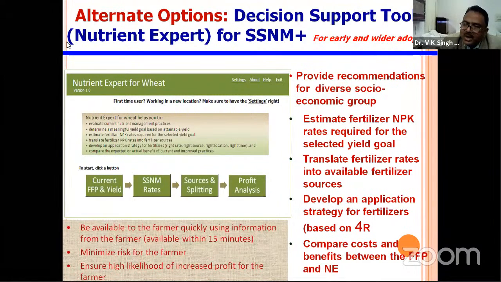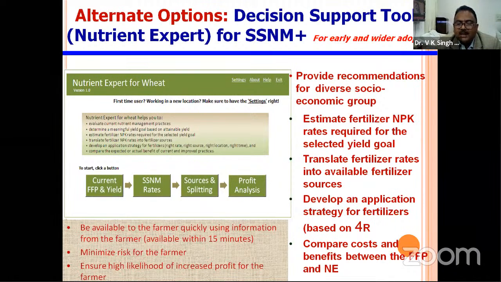To further simplify it, we developed a nutrient expert system with another international organization, and this system asks a few questions, 4 or 5 questions, sometimes 7 questions, sometimes 10 questions, depending on the different module related to farming practice, and it computes what nutrient is required for your particular field.